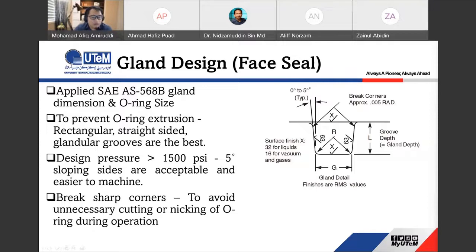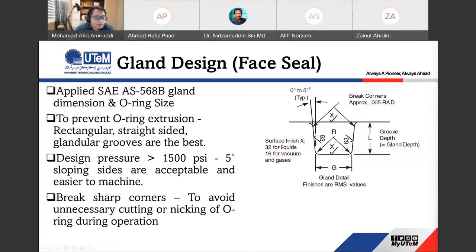So the fabricator has to finish this surface very, very smooth, according to the requirement by the SAE, or Society of Automotive Engineers. So this is the dimension of the gland detail, finish RMS values. This is the gap G, the length of the groove depth, and also the corners that need to be designed, approximately around 0.005 radius.